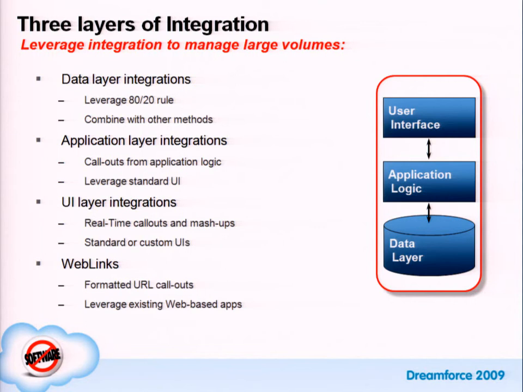So in this case, if you look at data layer integration, that's where we handled the summary level integration, bring the summary into Salesforce. And then at the application logic level, as they clicked for the details, made a force.com call out to grab those records.